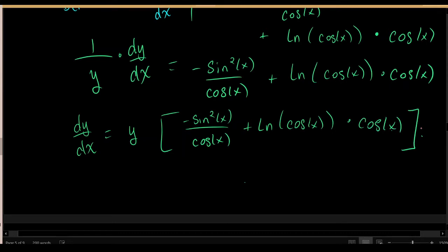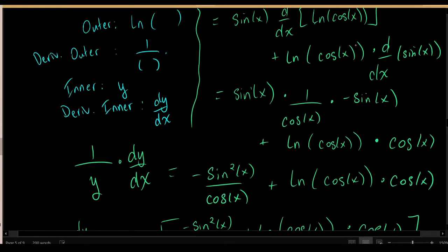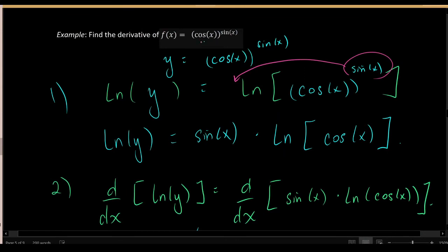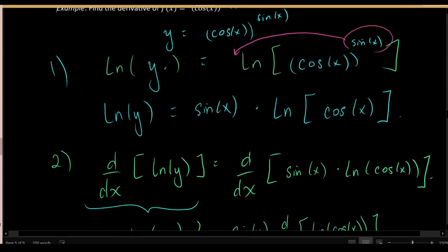Here is one aesthetic, conventional difference between implicit differentiation problems and these kinds of problems. In this case, our original question actually gave an explicit formula: y is equal to cosine x to the power sine x. So we didn't start the problem with an implicit relationship, we created an implicit relationship.